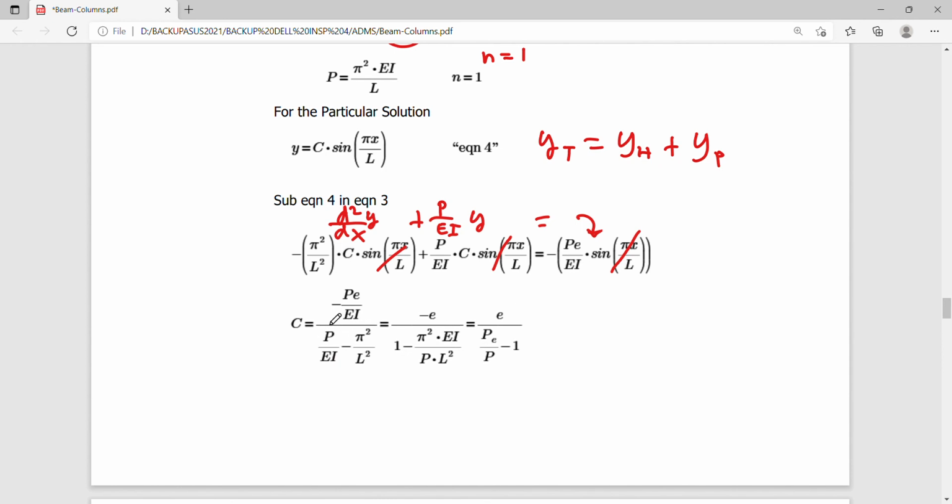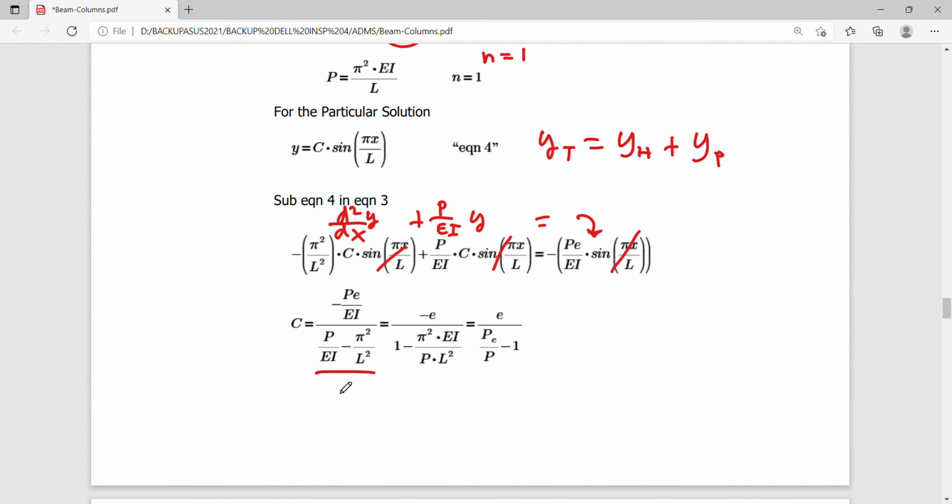Okay, therefore some cancellation on the EIs. If I make this P over EI, I cancelled P over EI here. So what I did here is I place P over EI below here.